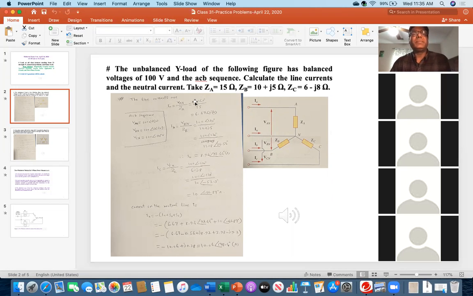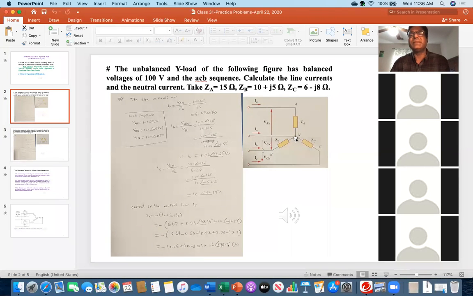So you see the problem says the unbalanced Y load of the following figure has balanced voltages of 100 volts and the ACB sequence. This means if you all see this diagram, it's a Y-connected load, ZA, ZB, ZC, but the phase sequence is ACB.